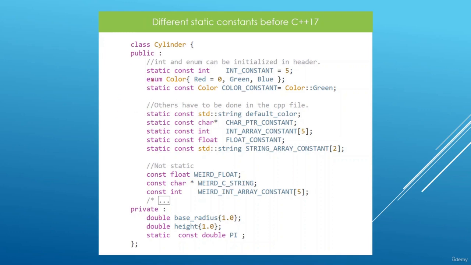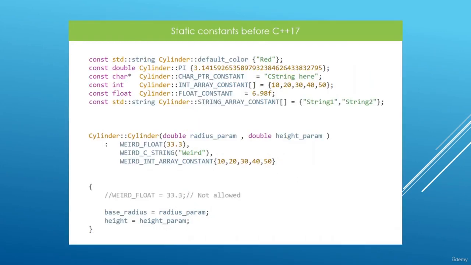For example, it was only possible to initialize them in the class declaration if your static member happens to be of int type or some enum type. For other types, you had to split things into the class declaration and put the actual initialization in a CPP file, and we saw that this was really ugly, but if you have to do this, this is the syntax you have to go through.